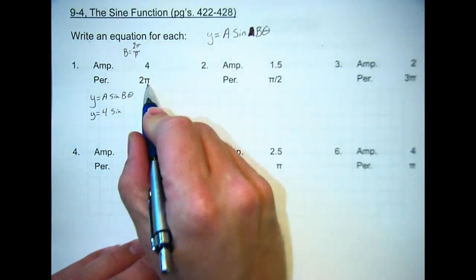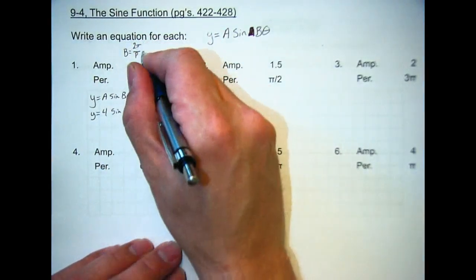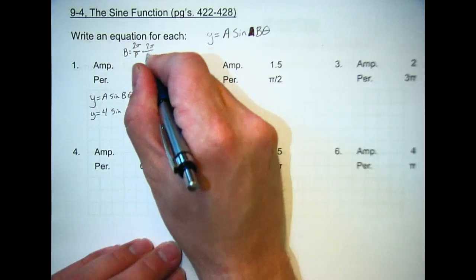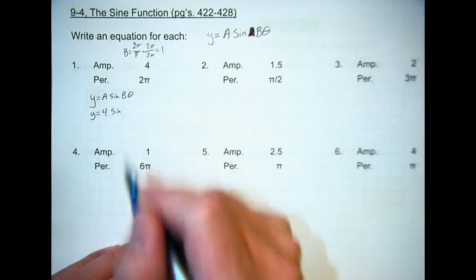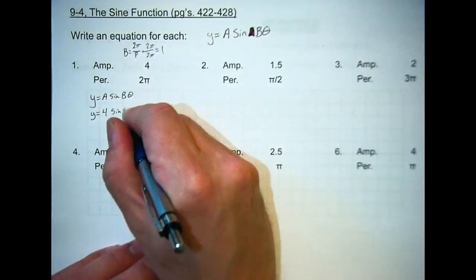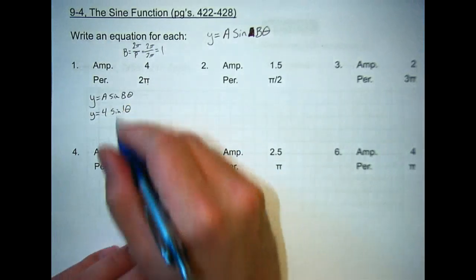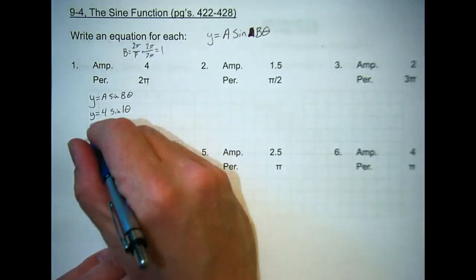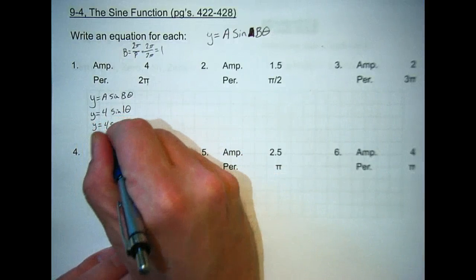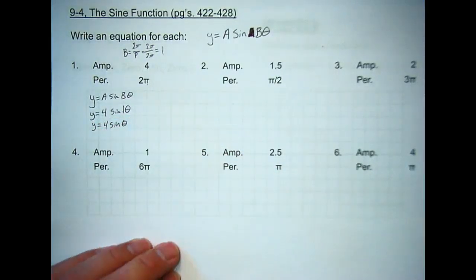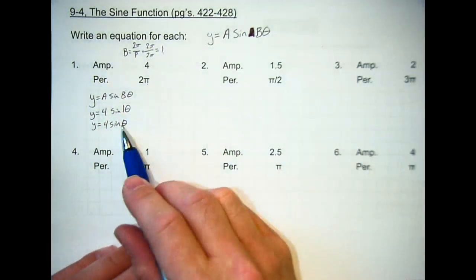In this case, the period is 2 pi, so 2 pi divided by 2 pi is 1. So b is 1. Now, usually we don't show the 1. We usually write it as 4 sine theta. So if you don't see a b term, it's 1.